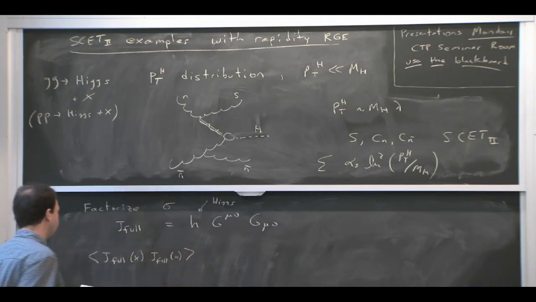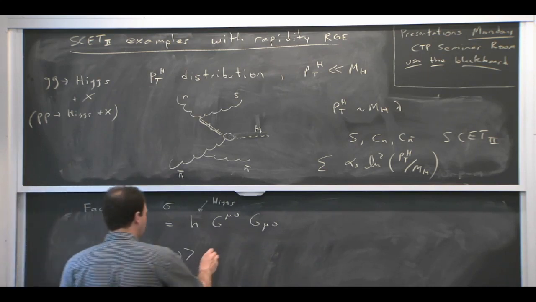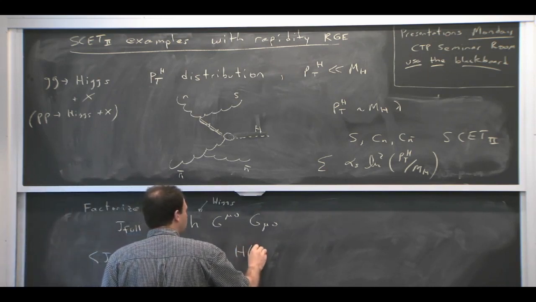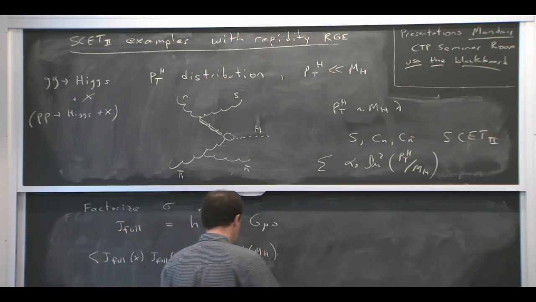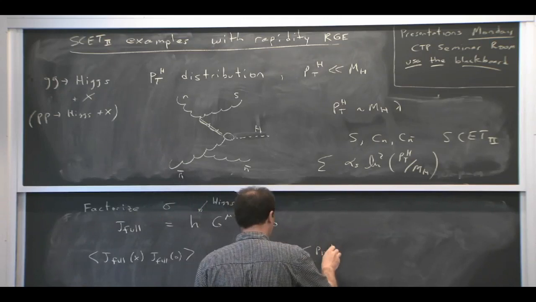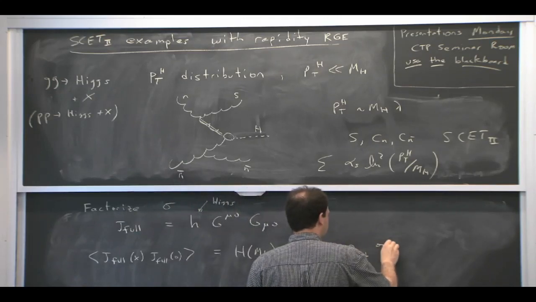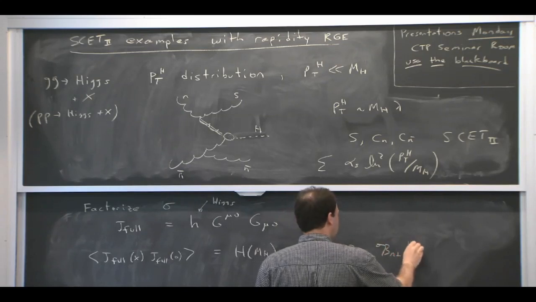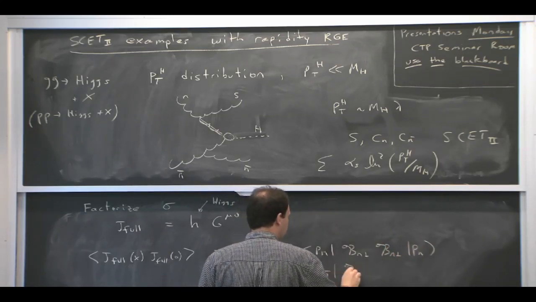You can basically write that as a factorization for a matrix element of two currents. You get some hard function, which is the Wilson coefficient squared of this operator. And then you get some operators, matrix elements that look like this.